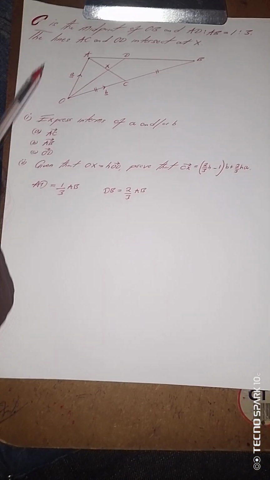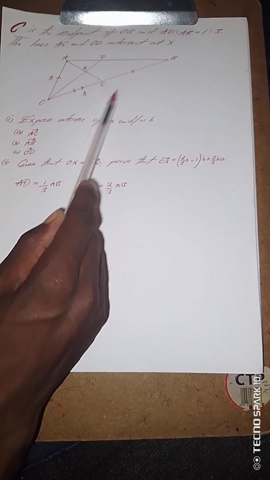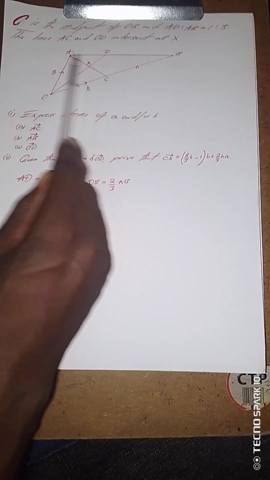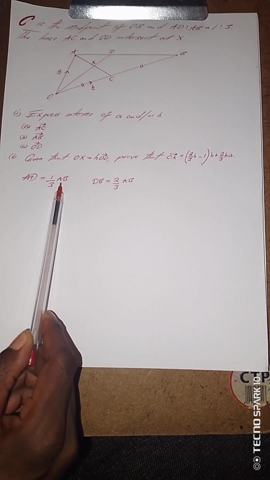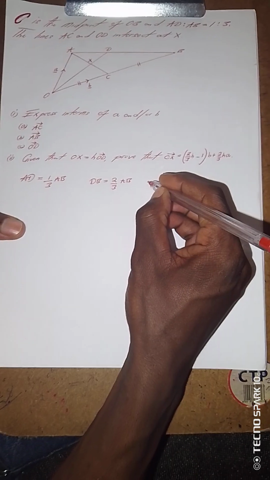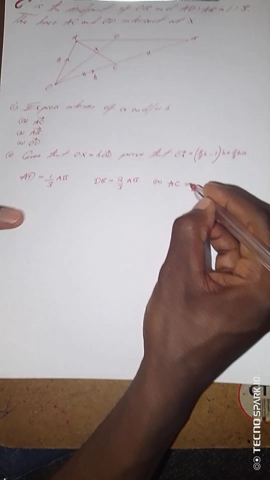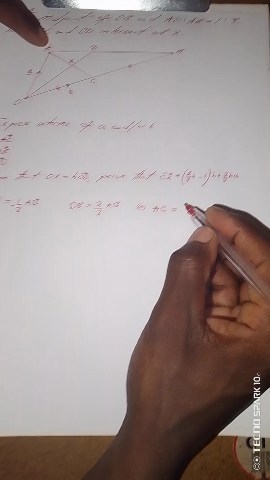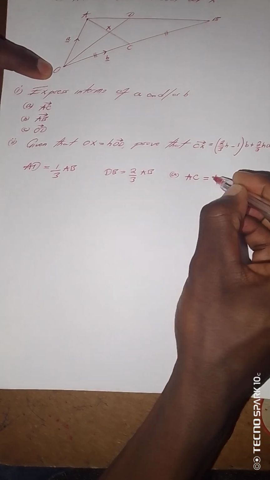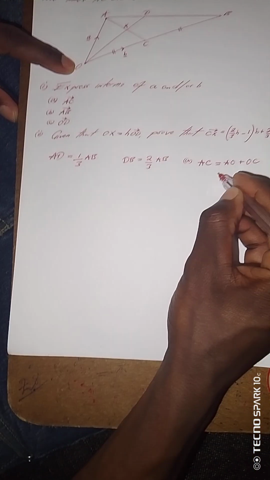So to find AC, we can't say AC equals AB and then BC. No, we don't know AB yet, because it's blank. So we'll say AC is equal to AO plus OC.